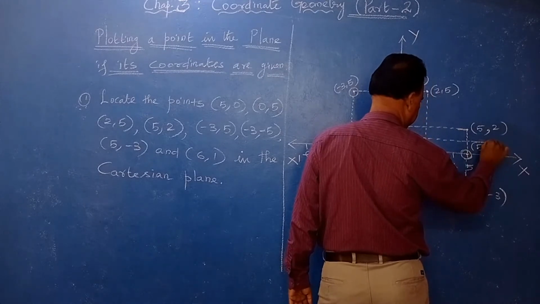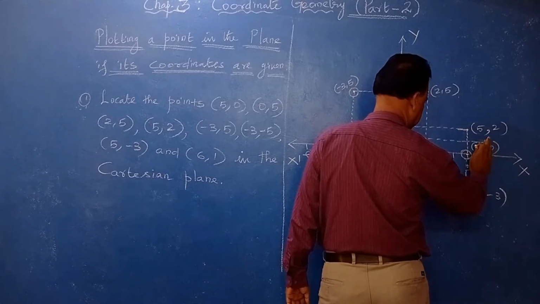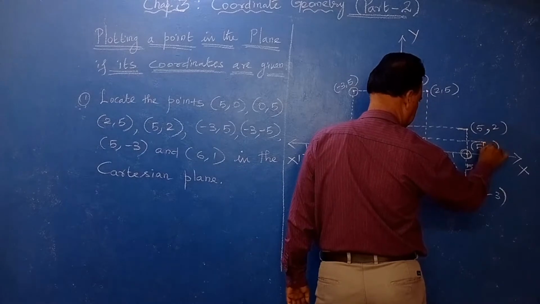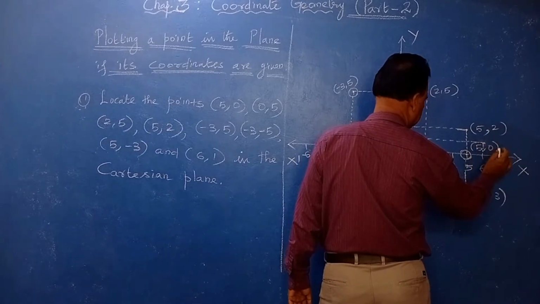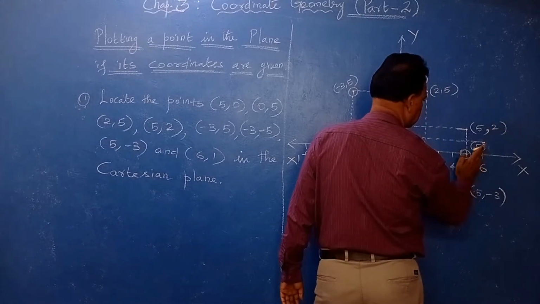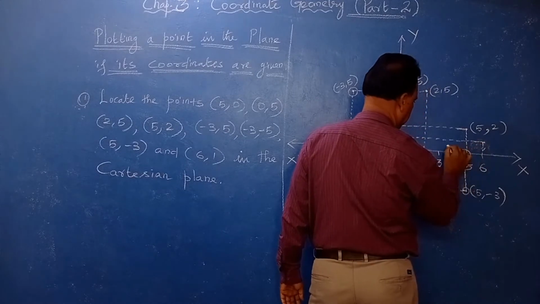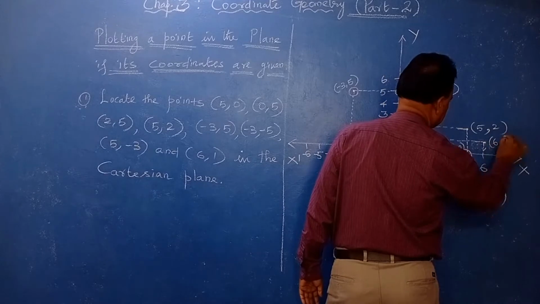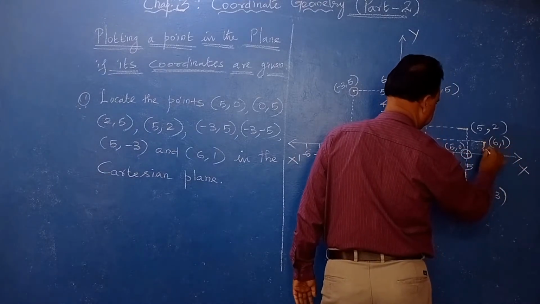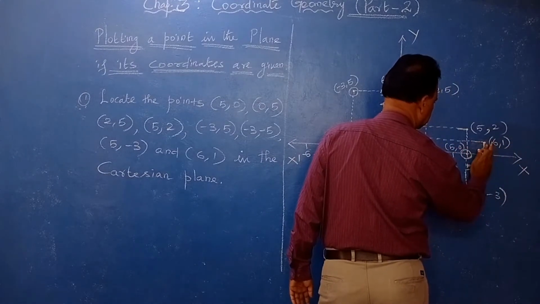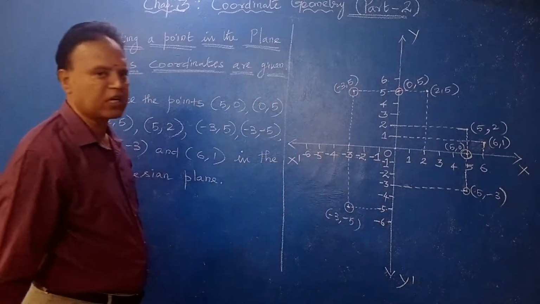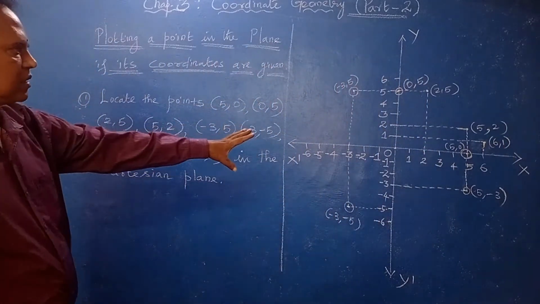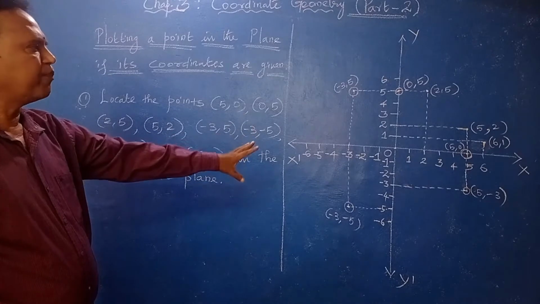This point is (6, 1). So like this, easily you can plot the points. Okay, so very simple one.